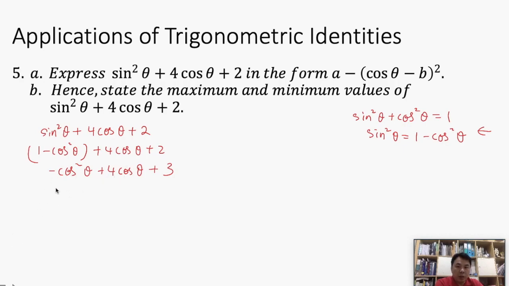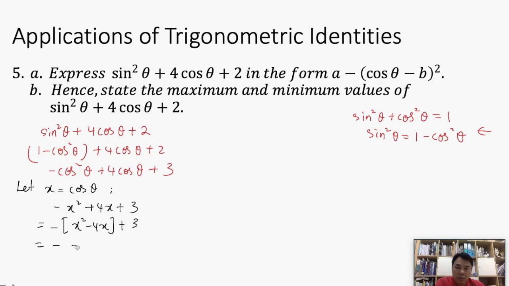So now we are going to complete the square for this. I think you guys are more comfortable with x, so let x be cos theta. Therefore, this will be negative x squared plus 4x plus 3. Working this out is much easier by completing the square.